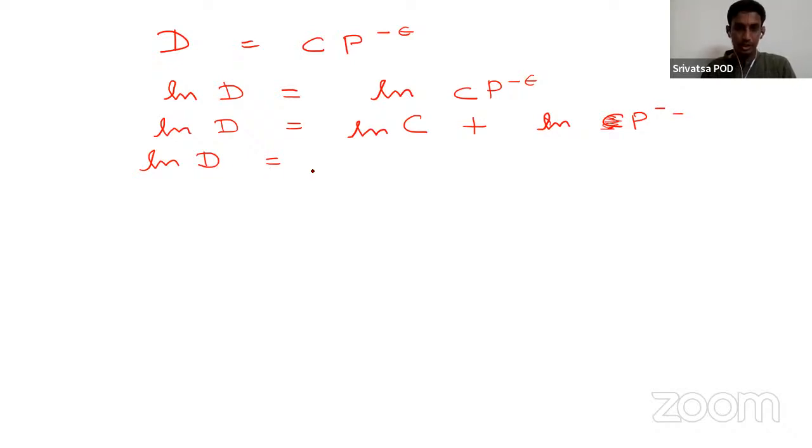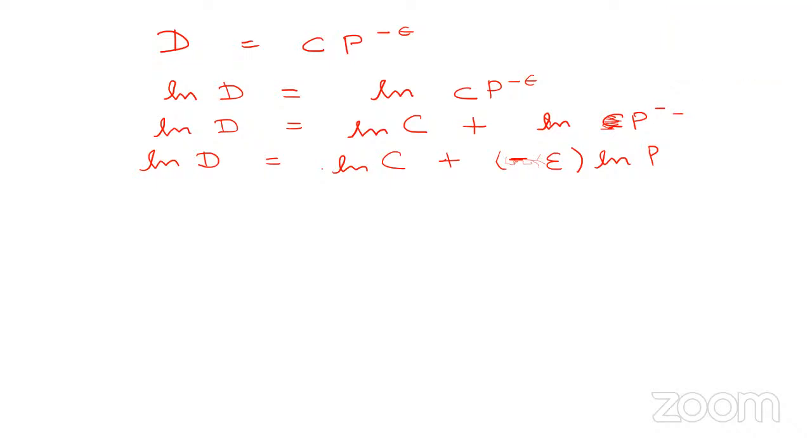So now we have ln D is equal to ln C plus minus epsilon into ln P. This is because you can write ln M power N as N ln M, right? If you could recall your basic math, you would understand this. So this is what you have at hand.